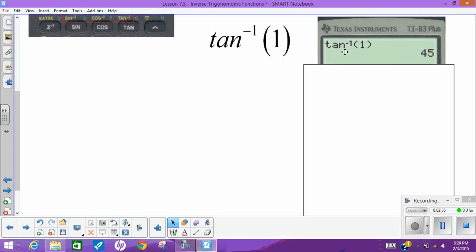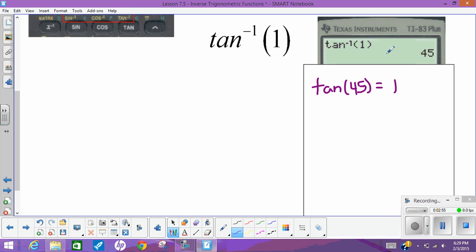That means if we take the tangent of 45, let me actually show that here. The tangent of 45, if you plugged that into your calculator, you would get 1. So the tangent inverse of 1 is 45. So if you know one, you can find the other.